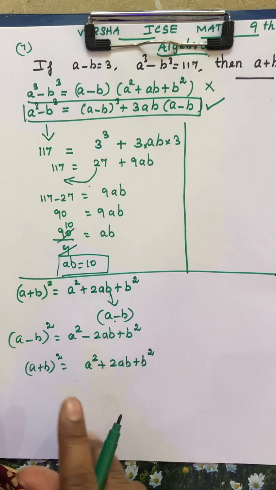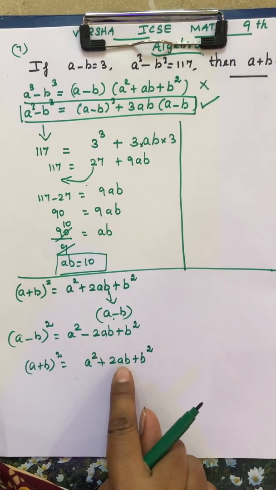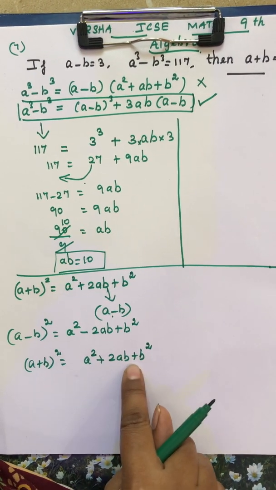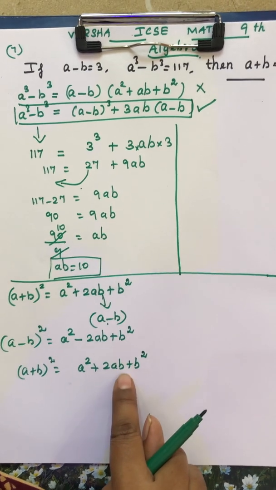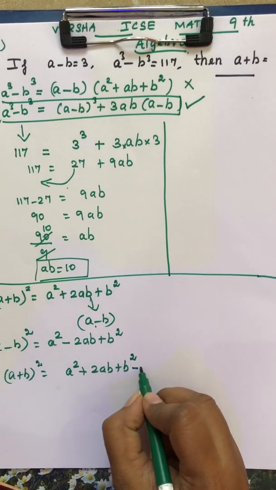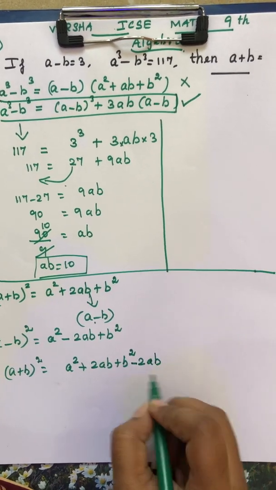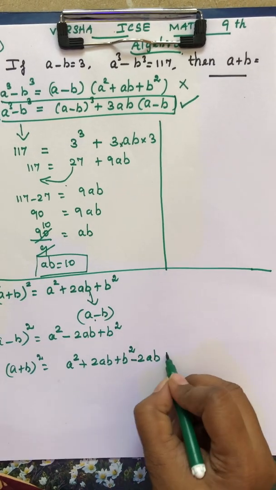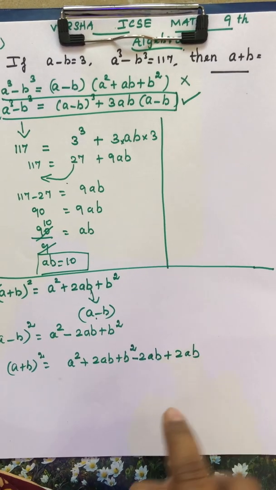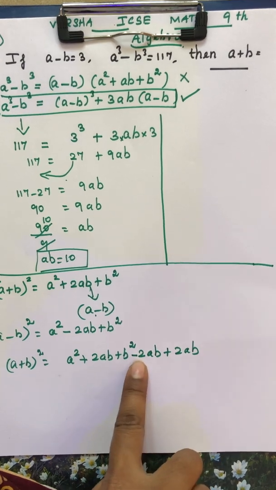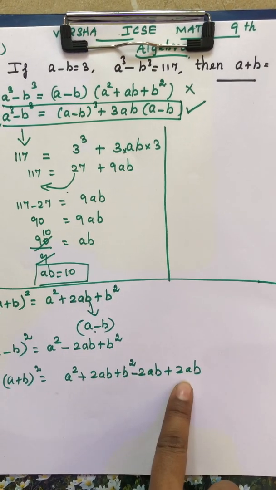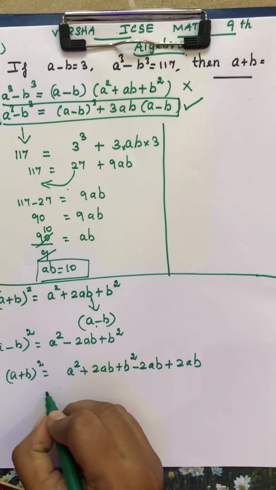To change this into a minus b the whole square, I need minus 2ab, so I am going to subtract and add 2ab two times.